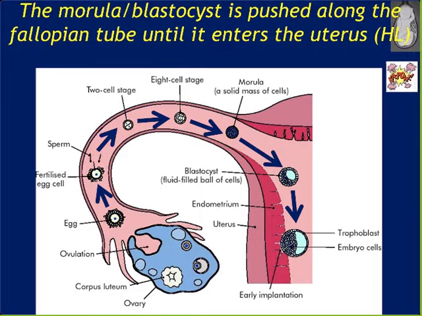Okay, so the morula or the blastocyst is pushed along your fallopian tubes until it enters the uterus. So, I had in my head that the 8-cell stage was the implantation, so maybe I'm incorrect on that. So this is implantation, so I apologize for that. I must be wrong.